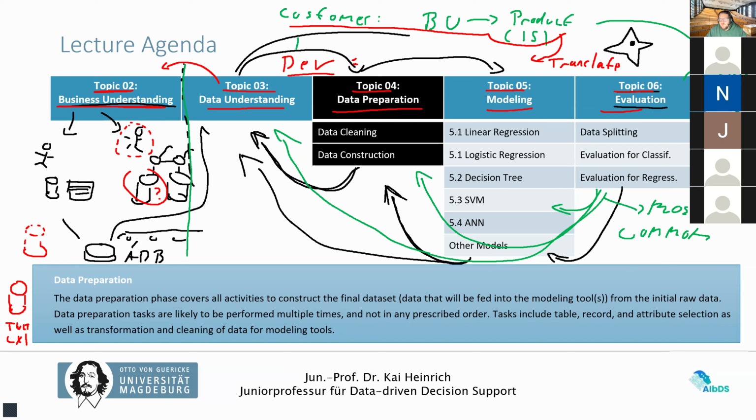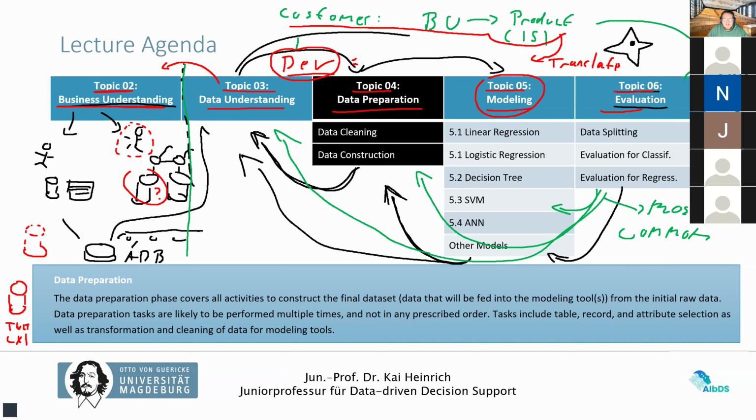So never ever forget business understanding. I never want you to just say, okay, we're going to build a linear regression. I mean, we need to learn how to do these things, and there will be a focus on this in the lecture series, since this is AI-based decision support 1. There will be a focus here, because we are these people, the developers or the data analysts, right?